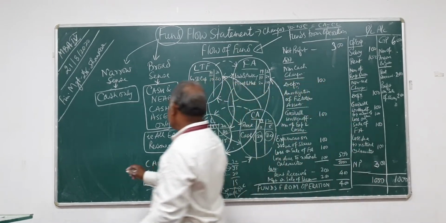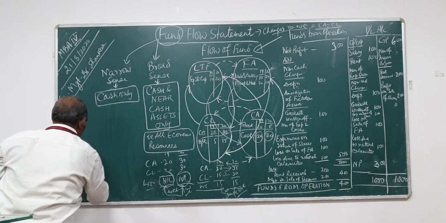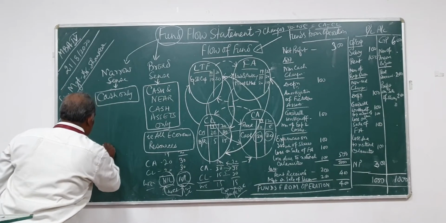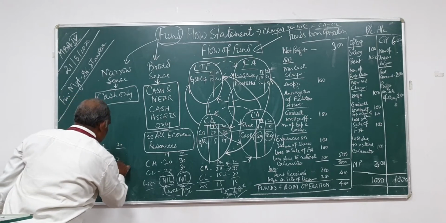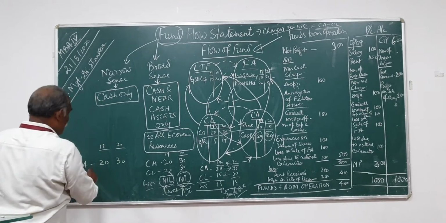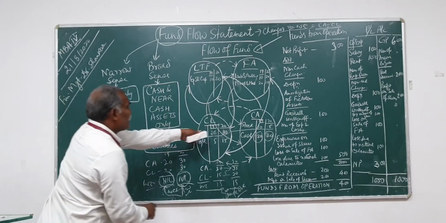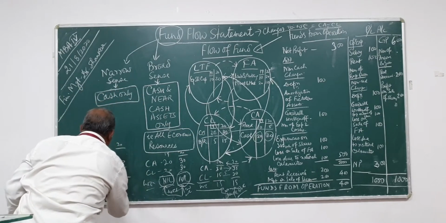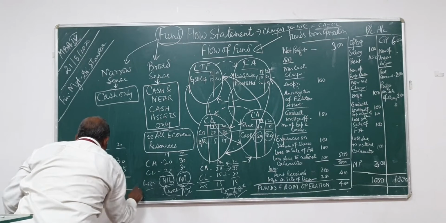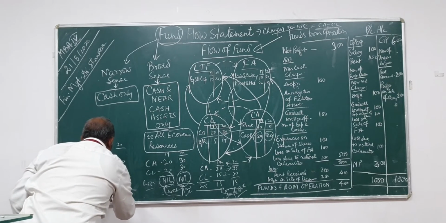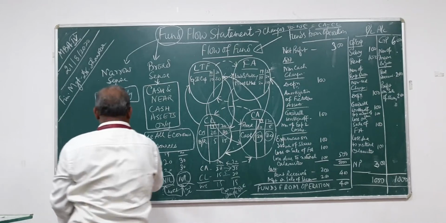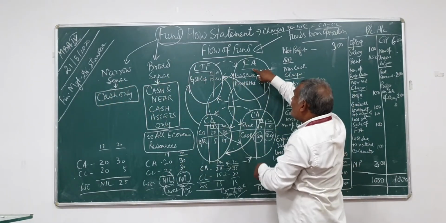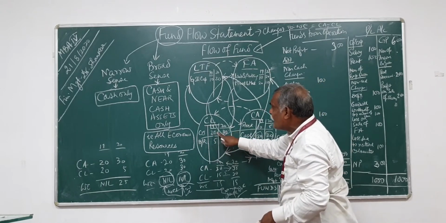So what happened? Suppose current asset is 20 in 2019 and 2020 is 30, and your current liabilities is here 20 and here 5, because there is no change in current liabilities. Here is nil, here is 25. Because here the transaction is between fixed assets and current asset, but the current liabilities remain the same.